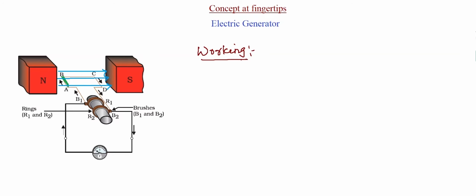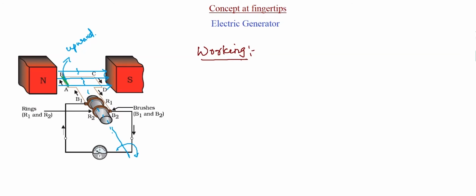Let's imagine that the conductor AB is moving upward. This is the axis of rotation of the coil, and let the entire coil be moving in the clockwise direction, rotated from outside with the shaft, and the side AB is moving upward.